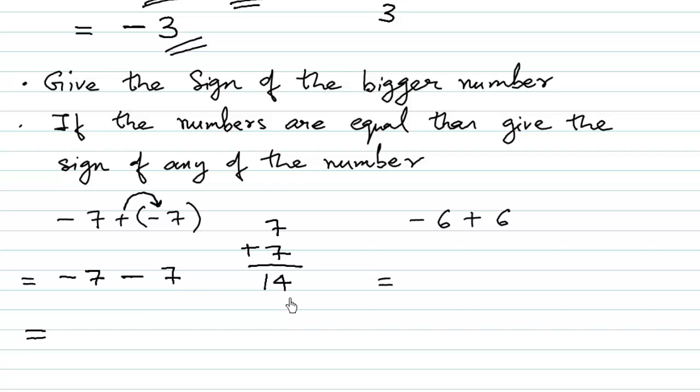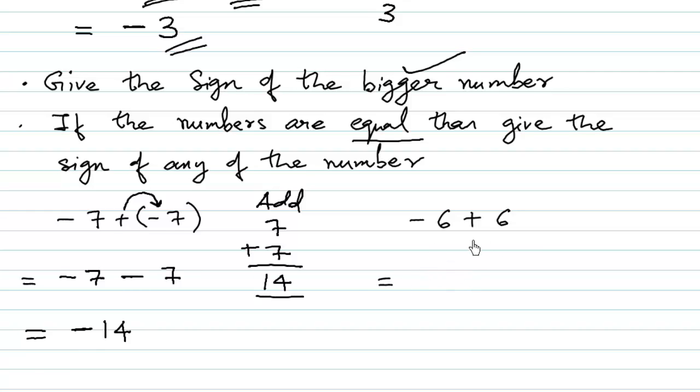So minus and minus is plus, that tells us that we need to add. So we added 7 and 7 and we are getting a 14. So write down the 14 over here. And then we need to give the sign of the bigger number. But over here both the numbers are 7. So if the numbers are equal, then give the sign of any number. So over here both the numbers are negative, so just give a negative sign.